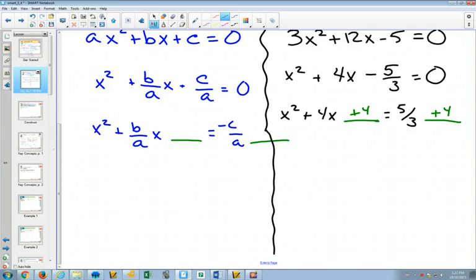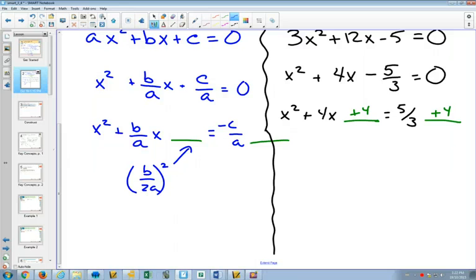Now, with numbers, this is especially a step that's a lot easier. With variables, what happens when I divide it by 2? Half of b over a would be b over 2a, and then we're going to square it to go into there.